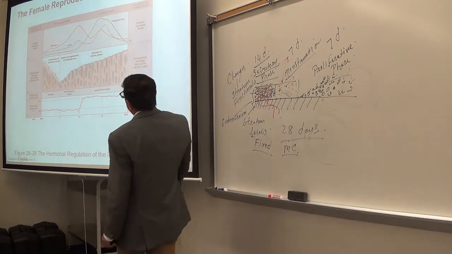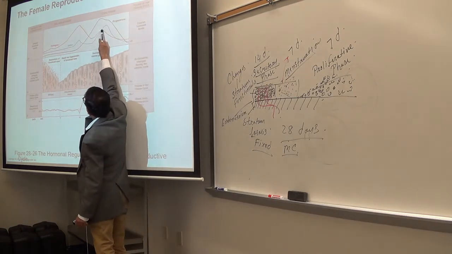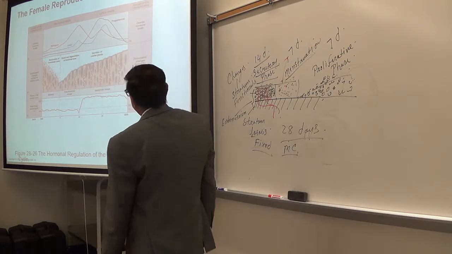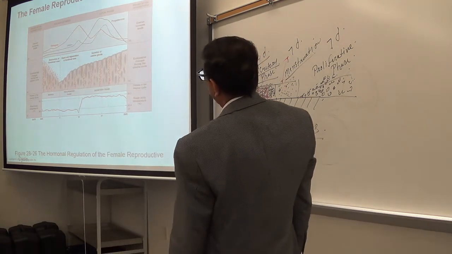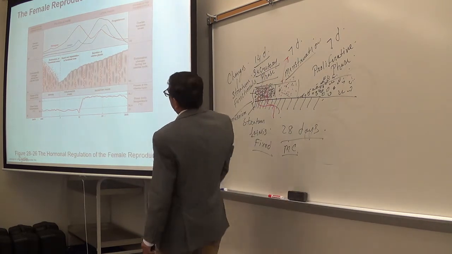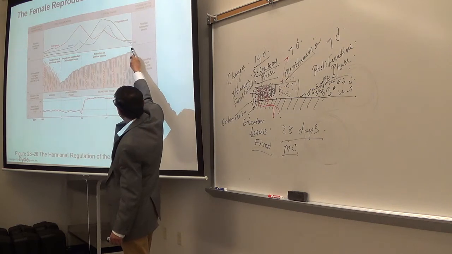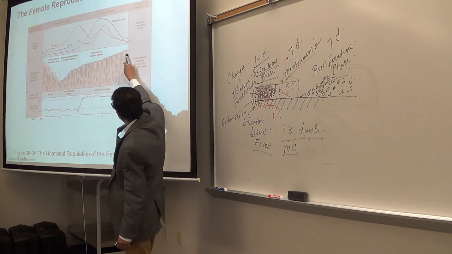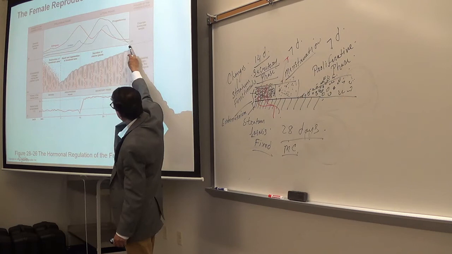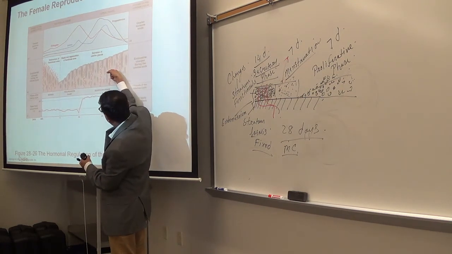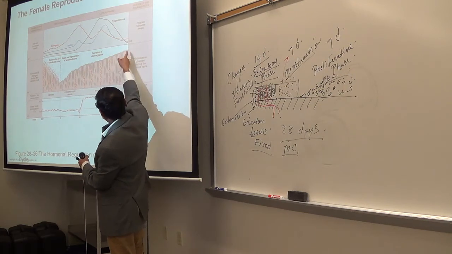Also, estrogen is high, but progesterone is above the estrogen. So progesterone level is really very high. And when the progesterone level drops at the end of the secretory phase, that causes constriction of the spiral arteries.